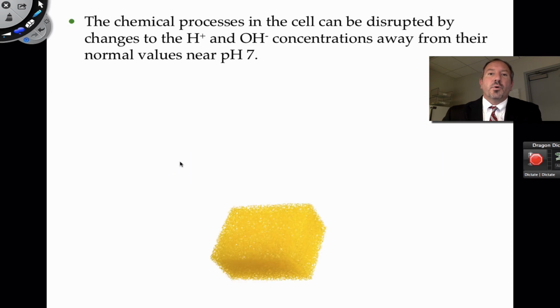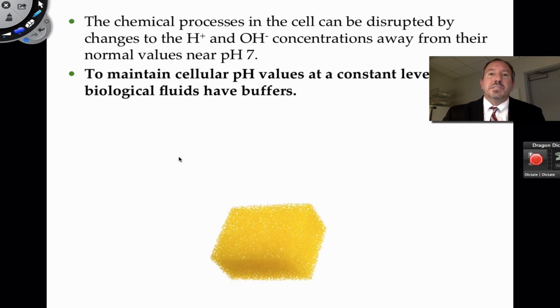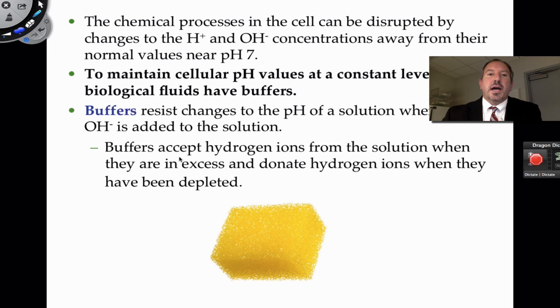One of the things that organisms have in order to make sure that they're not damaged by sudden fluctuations of pH is chemicals called buffers. You can have a buffer at any pH and it'll maintain that. A buffer is something that resists changes to pH, so they're sort of like chemical sponges.